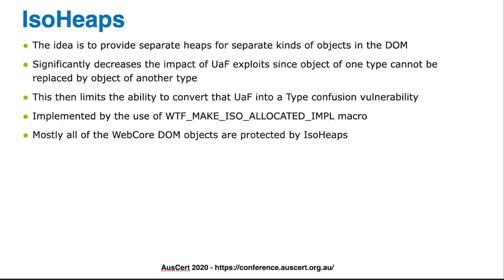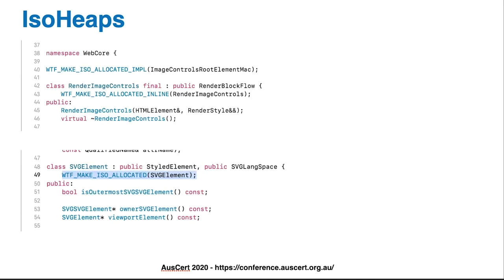So the idea for ISO heaps is to provide separate heaps for different kinds of objects, because the way use after free exploits work is that you are able to free an object and then overwrite it with another object of different type, right, which will allow you to do certain things. However, if objects of the same type are saved in separate heaps, this becomes much more difficult.